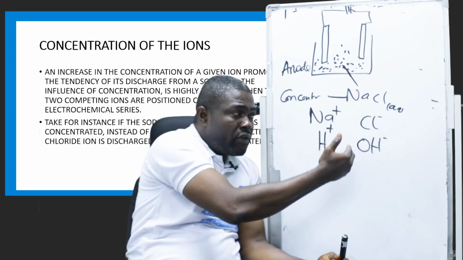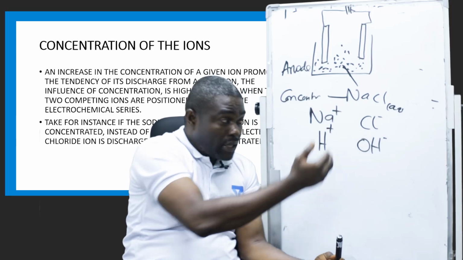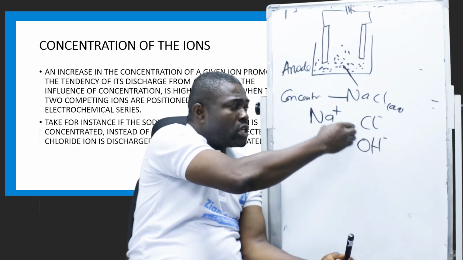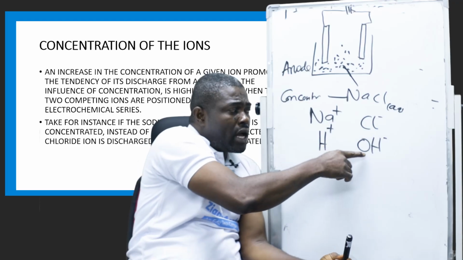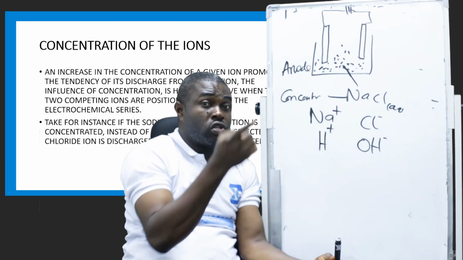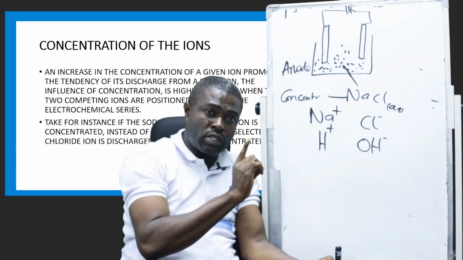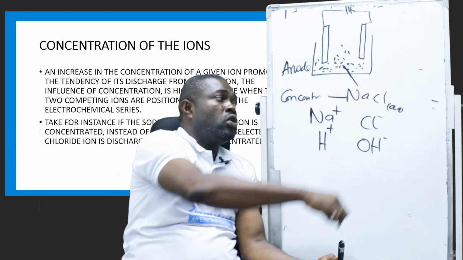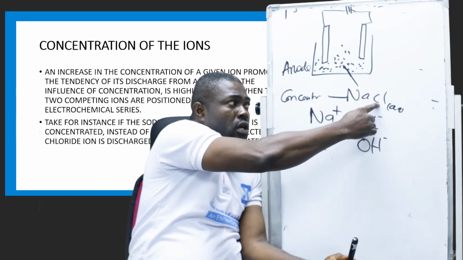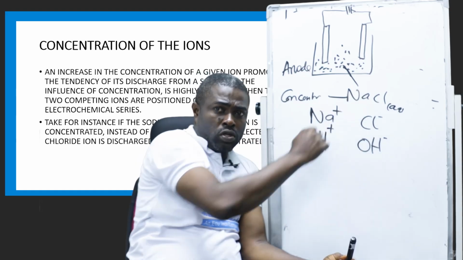But at the negative part, because it is concentrated, it's no longer OH that will be discharged, considering its position in the electrochemical series. Rather, the chloride ion, because it's part of the compound that is being concentrated.